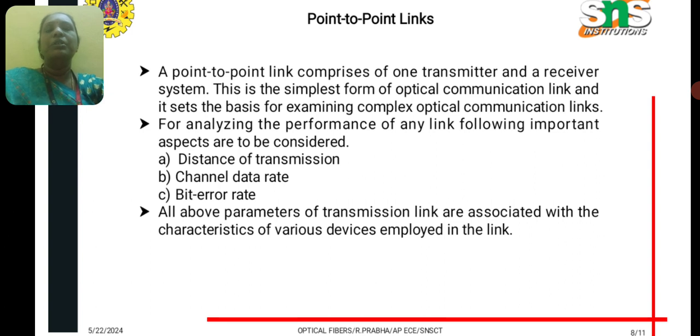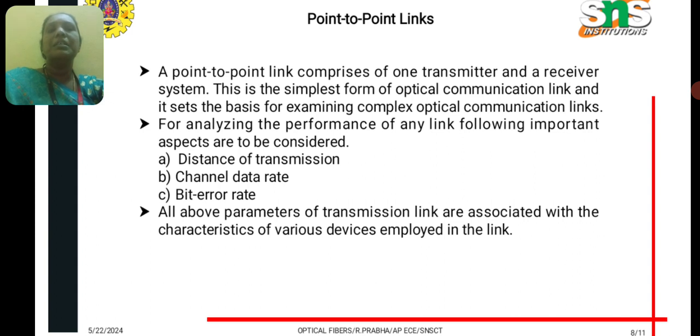A point to point link comprises one transmitter and one receiver, so it is called a point to point link. This is the simplest form of optical communication link, and it sets the basis for examining complex optical communication links.